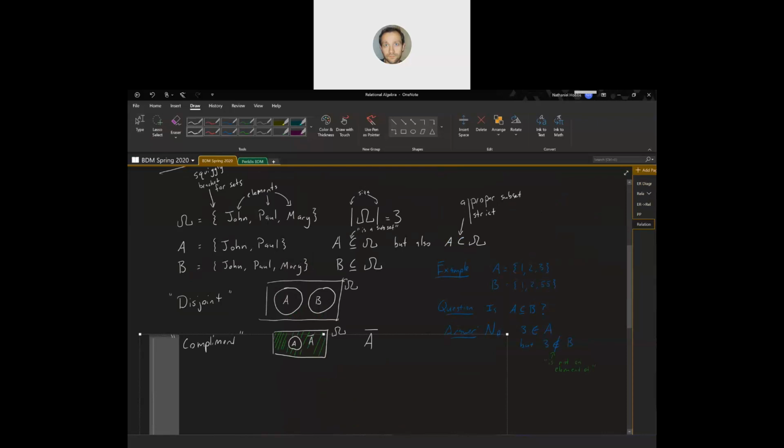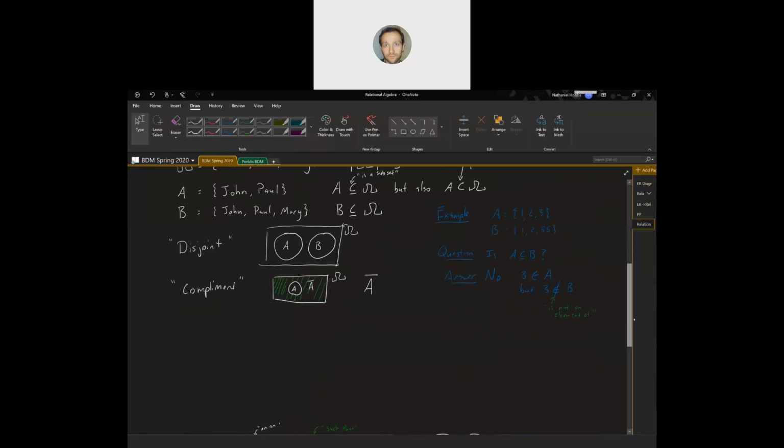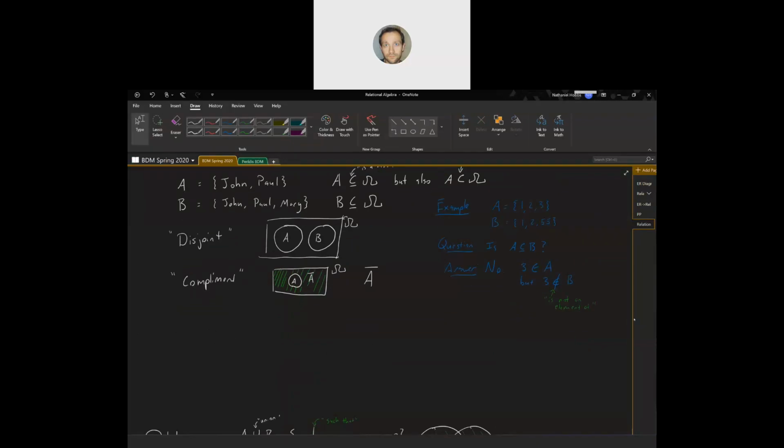Now, we've already talked about this, I believe, but the cross product is all possible pairings between two sets.